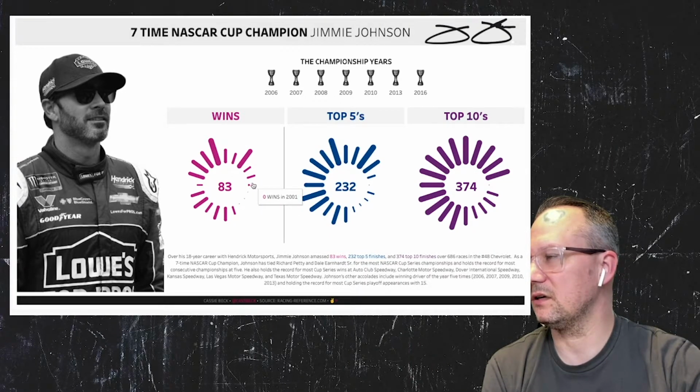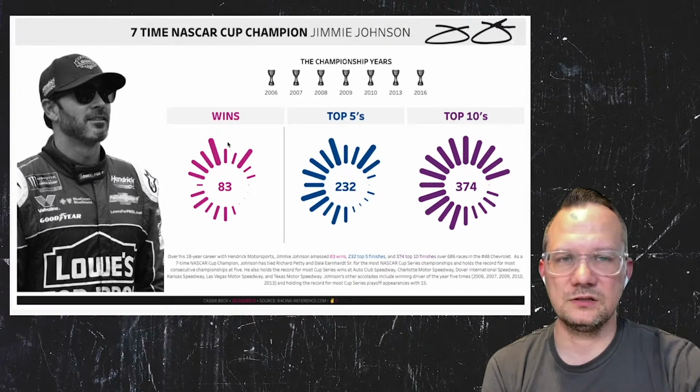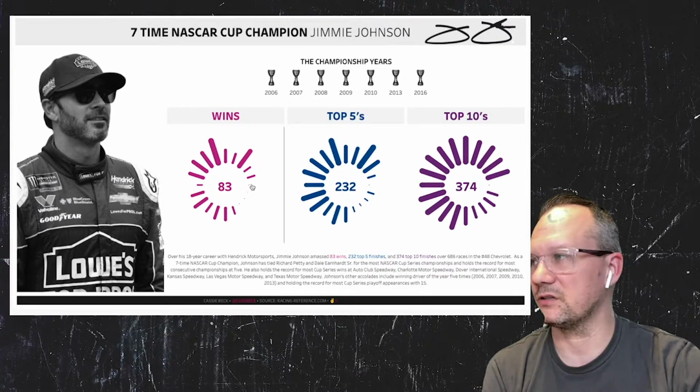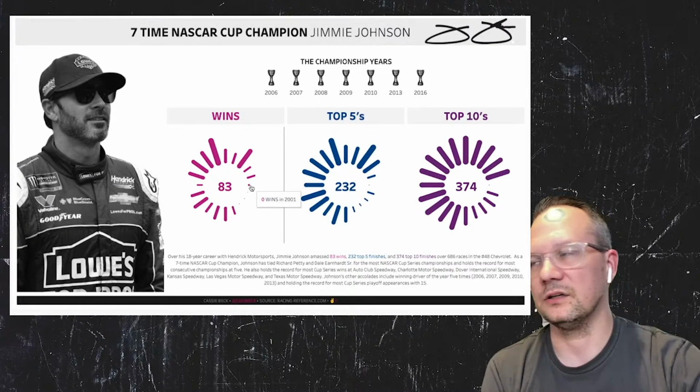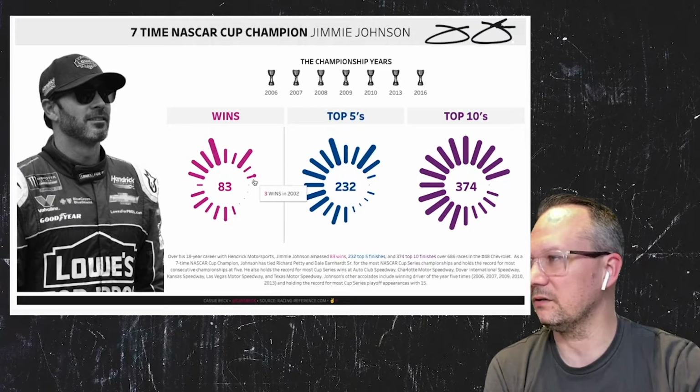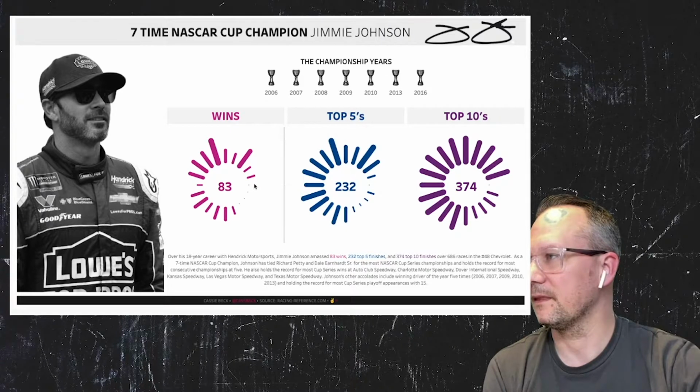We can also see, this was interesting because the circle doesn't start at 12 o'clock. It actually starts at 3 o'clock. So his first year, 2001, is at 3 o'clock and then goes around. Or no, it goes backwards. Yeah, so it goes counterclockwise starting at 3 o'clock.